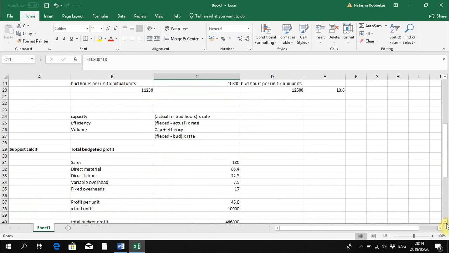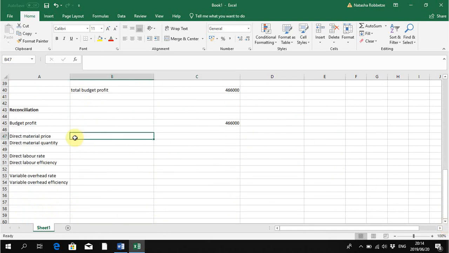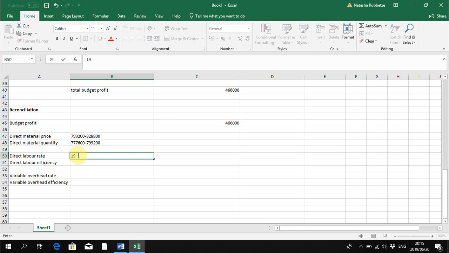So to calculate the material price variance, I am going to say it is the 799,200 minus 828,800. For direct material quantity, I'm going to say it is 777,600 minus 799,200. For direct labor rate, I'm going to say it's 194,400 minus the 205,200.